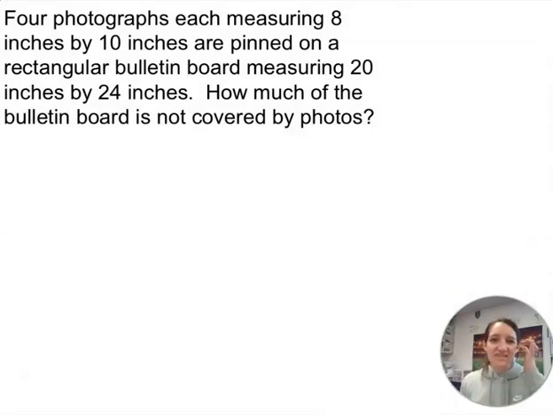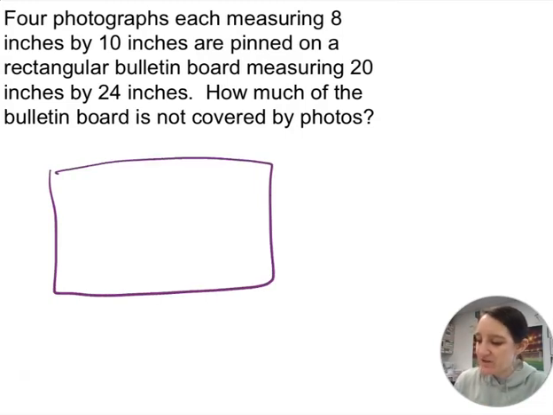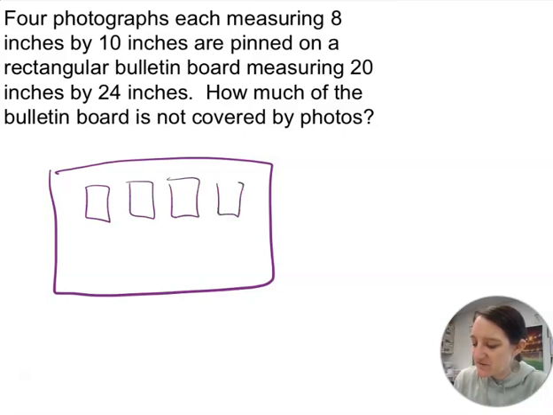4 photographs, each measuring 8 inches by 10 inches, are pinned on a rectangular bulletin board measuring 20 inches by 24 inches. How much of the bulletin board is not covered by photos? So another helpful thing is to draw a picture. 4 photographs, 1, 2, 3, 4, each measuring 8 by 10, are pinned on a rectangular bulletin board measuring 20 by 24.